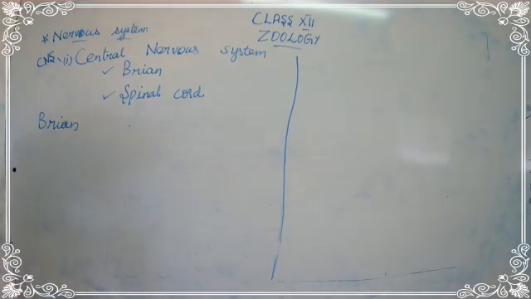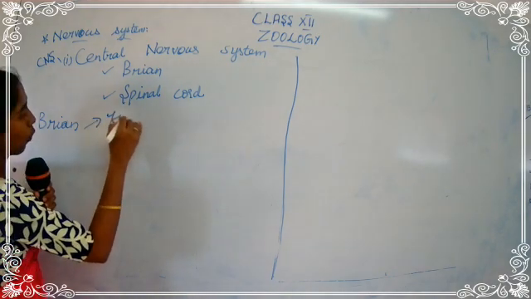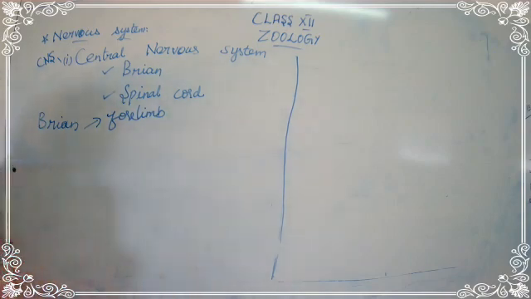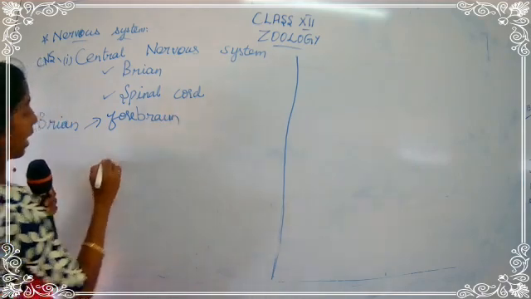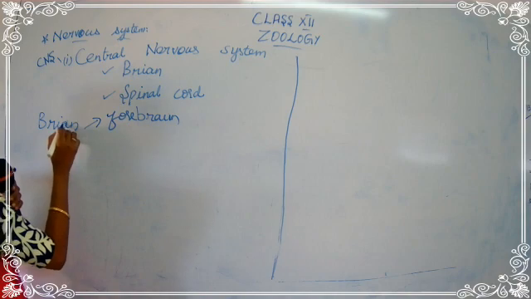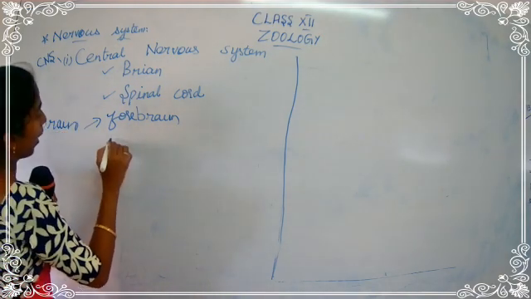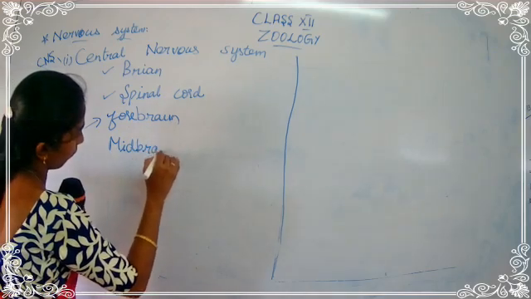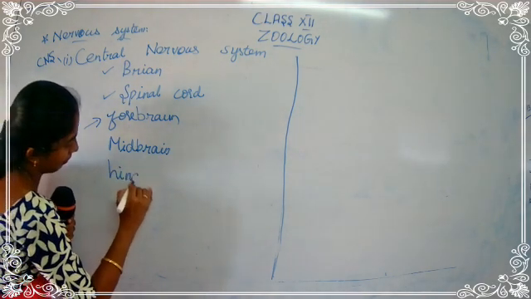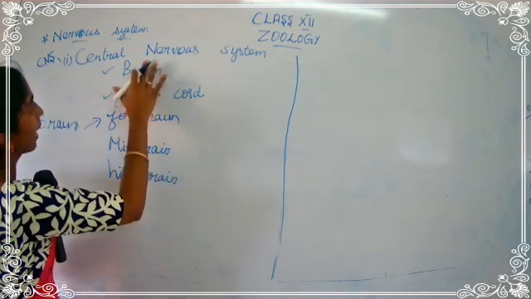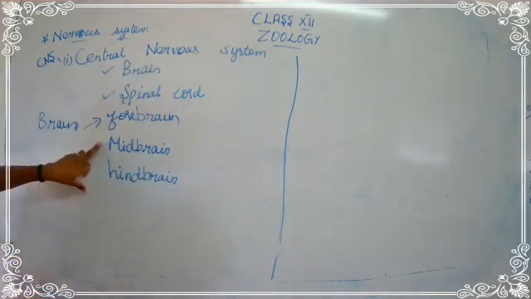What are they? Forebrain, midbrain and hindbrain. So the first division is the forebrain, then the next one is the midbrain, and the final one is the hindbrain.